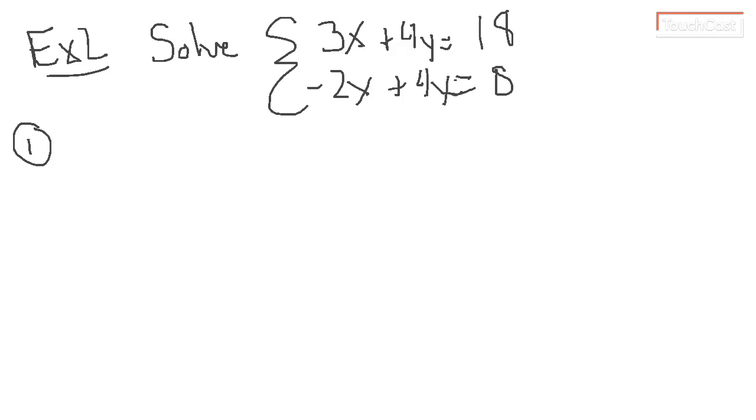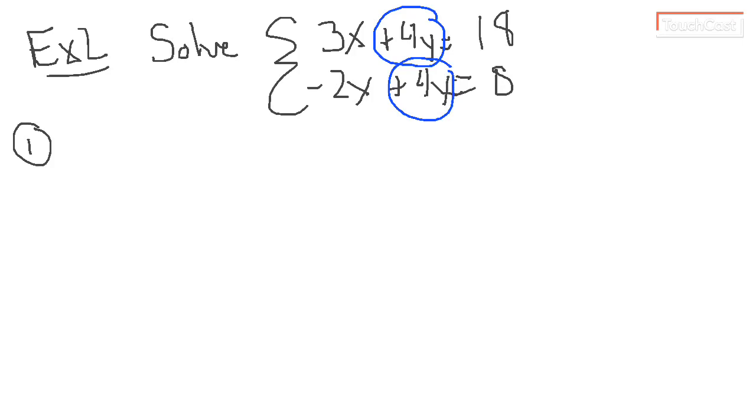Our main goal is to have them be the same number but opposites. So we want one to be positive, one to be negative. In our last example, that happened with the y terms. We had a negative 2y and a positive 2y. In this example, I see that my y terms have the same coefficient.